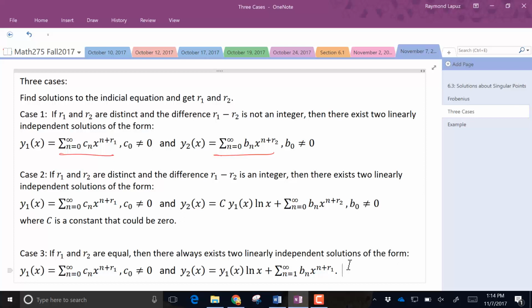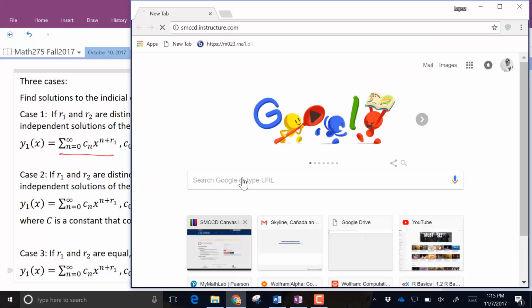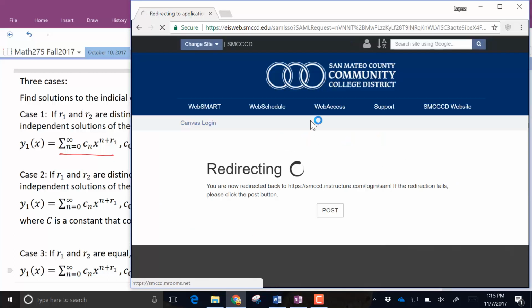All right. So my example is a third case, and I don't know if I want to do that. Let's see if we can go to your homework set. I don't have my stuff prepared here.